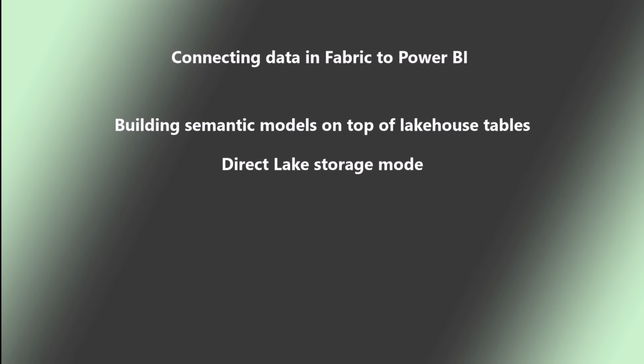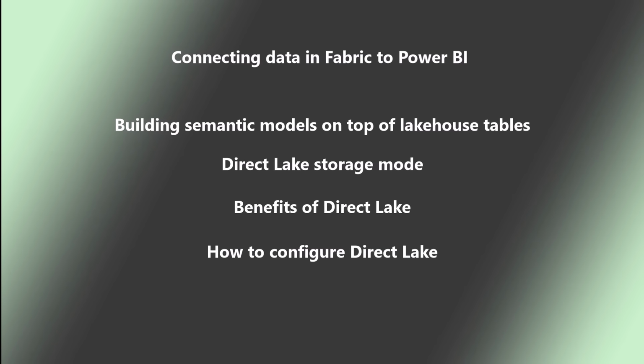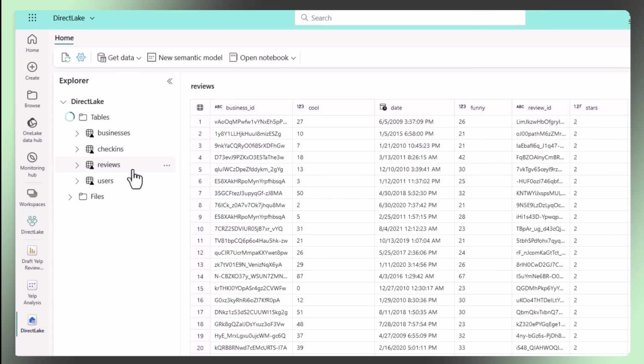We'll explore why that is and the benefits of Direct Lake, as well as some of the configuration options that you need to bear in mind just to make sure that it's working correctly for your requirements. So the starting point for this video is that we've got some tables in a lakehouse.